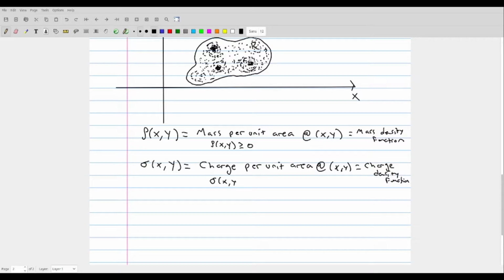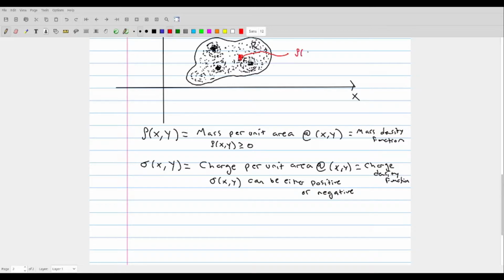So sigma of xy is a function that can be either positive or negative. And basically, you can compute this density function in general if you know geometrically, you take a very small region.